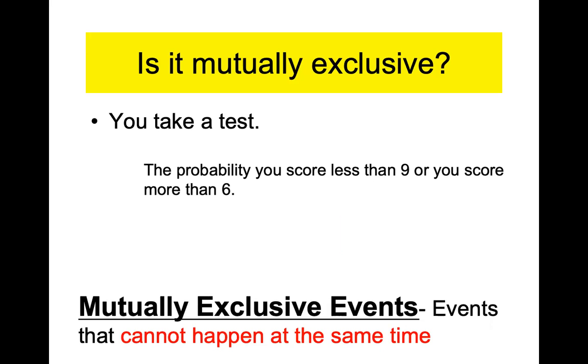The second one says more than 6. Well, I scored an 8. Is that more than 6? Yeah. Is that less than 9? Yeah. Well, here's an example of two things that can happen at the same time. So can we use the mutually exclusive formula for this? No. So this one's a big fat no.